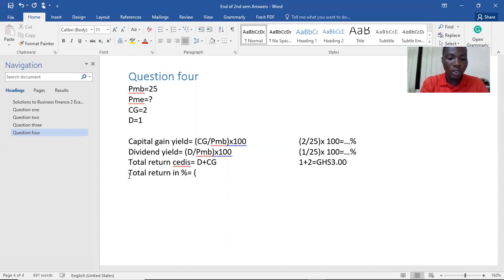So I can say D plus CG, all divided by the price at the beginning, times 100.